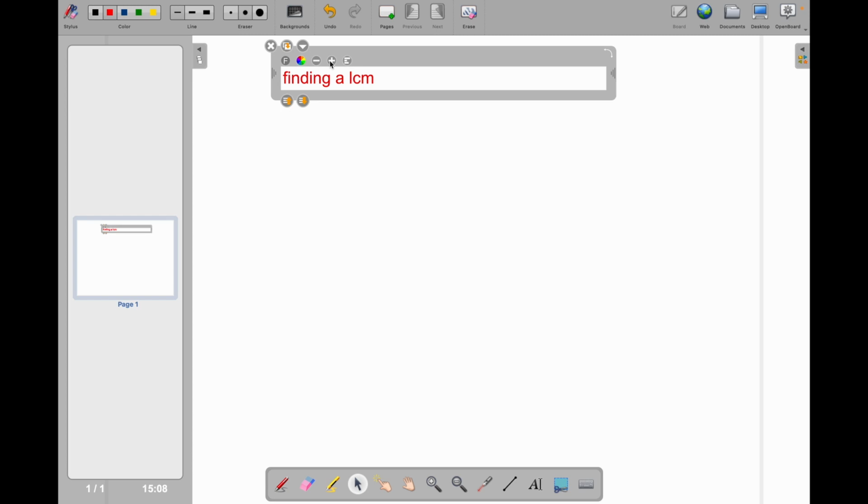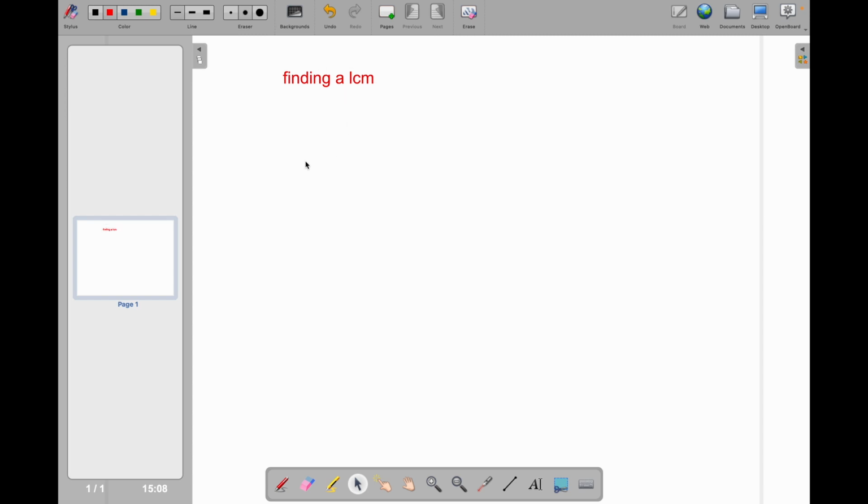When you're finding a lowest common multiple, it's a little bit different. Let's have the same numbers, 18 and 24. We are finding the lowest common multiple.